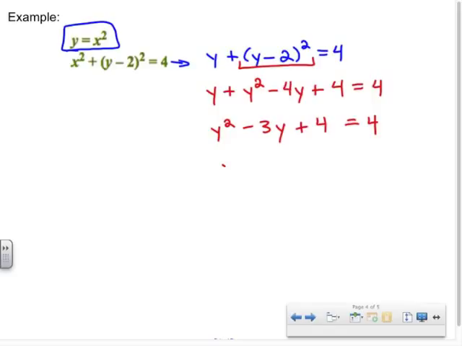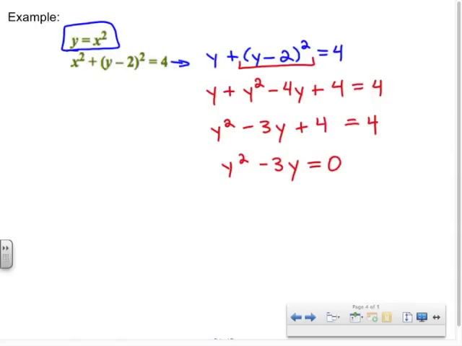So now I have two values of y that I can solve for. I'm going to factor y squared minus 3y. I'm going to factor out the y. That gives me y times y minus 3 equals 0.